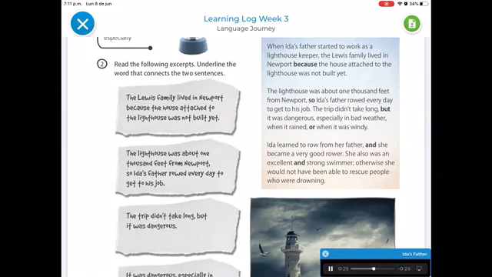The trip didn't take long, but it was dangerous, especially in bad weather, when it rained or when it was windy. Ida learned to row from her father, and she became a very good rower. She also was an excellent and strong swimmer. Otherwise, she would not have been able to rescue people who were drowning.